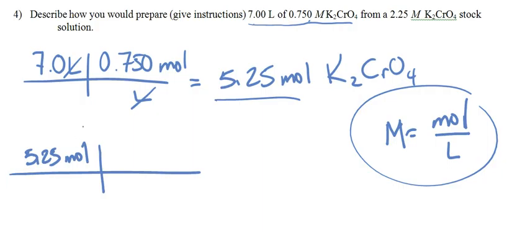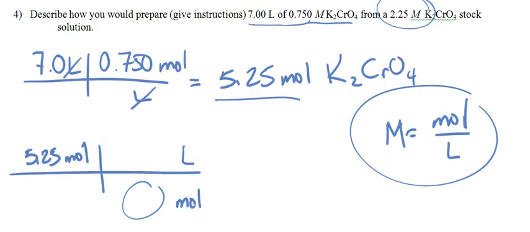So again, whenever we do factor labeling, if it's not the unit we're looking for in our final step, we're going to move that unit down. So I want to get rid of moles. Where in the world can I get a value for moles here? Well, right there. Since I'm looking at volume and moles, which is my molarity, I'm inverting the molarity so that I cancel the moles out and I'm left with the volume.